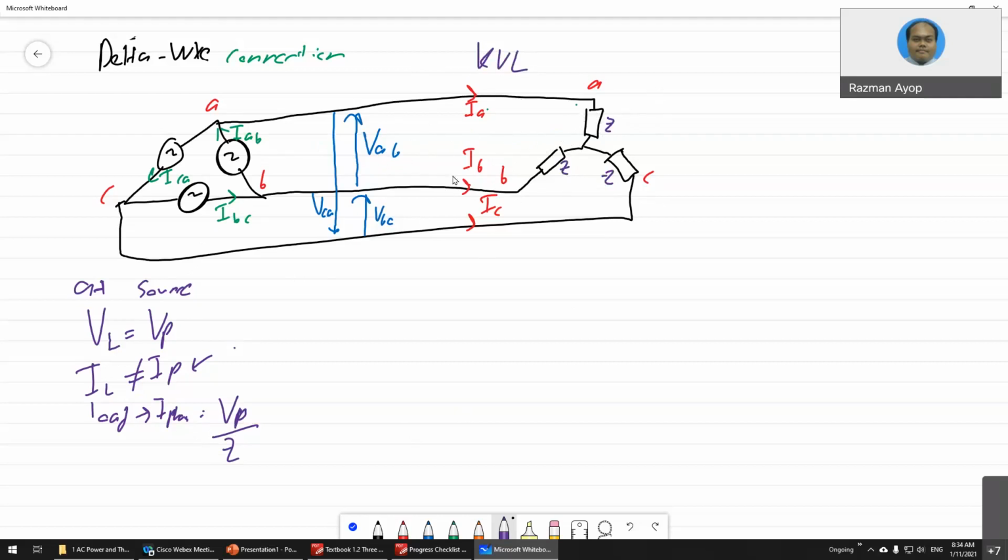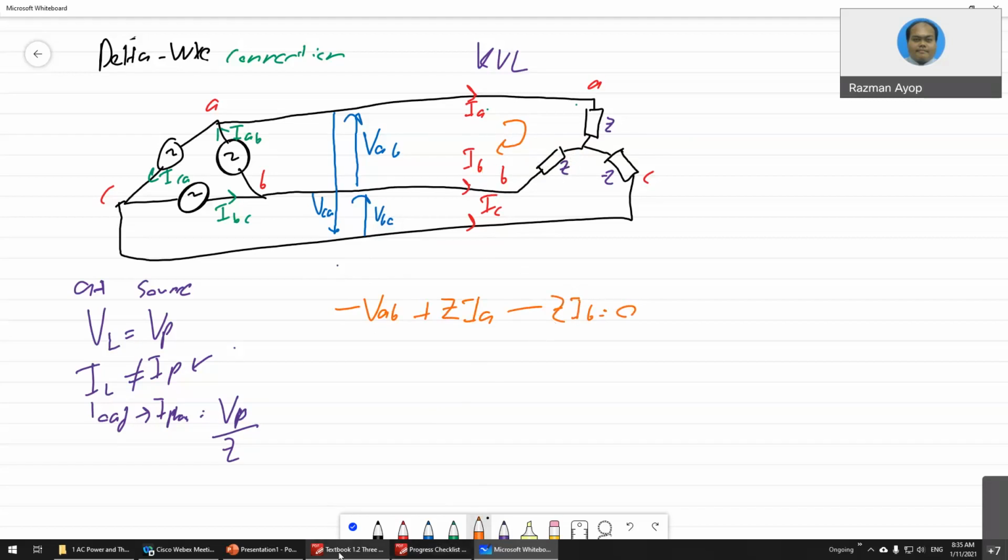You do a loop here: negative VAB plus ZIA, and then because the current goes this way, it should be negative at this part, minus ZIB, equals 0.